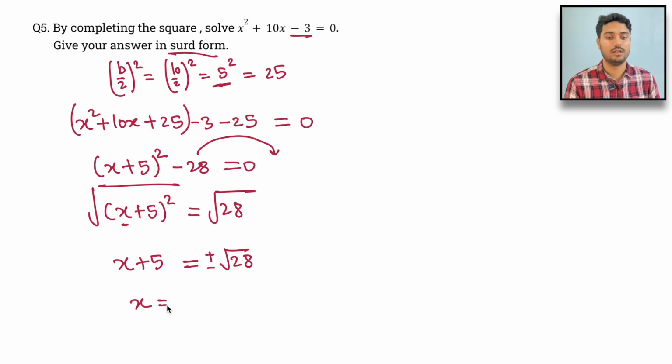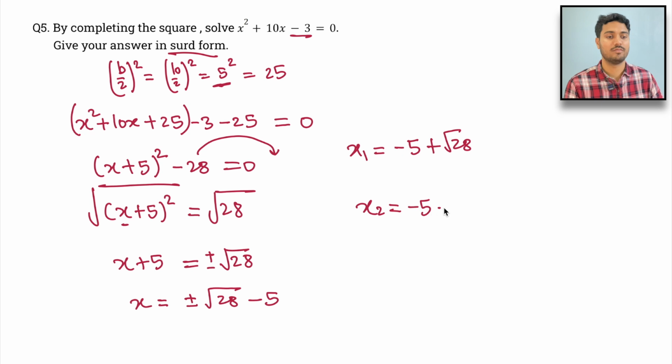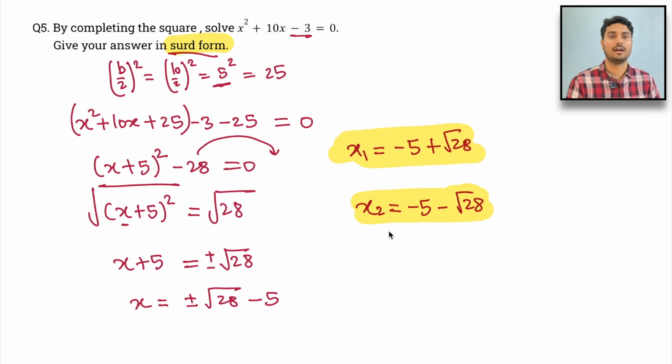Now x will be positive negative root 28 minus 5. So x1 will be minus 5 plus root 28, and x2 will be minus 5 minus root 28. In this question, it's clearly mentioned that you leave your answer in the surd form. So this is our x1 and x2 value, and that's the answer.